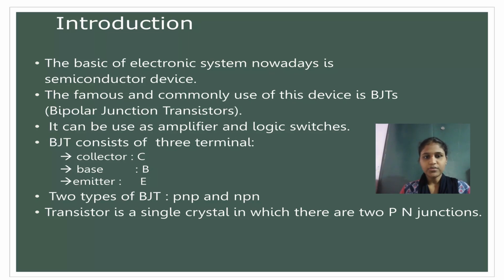It can be used as amplifier and logic switches. BJT consists of three terminals: collector, base, emitter. Two types of BJT are PNP and NPN. Transistor is a single crystal in which there are two PN junction diodes.